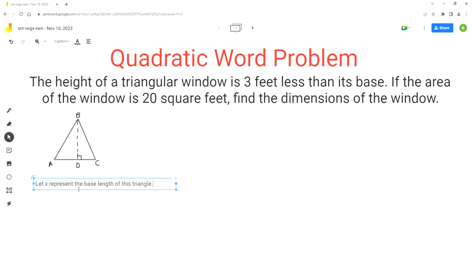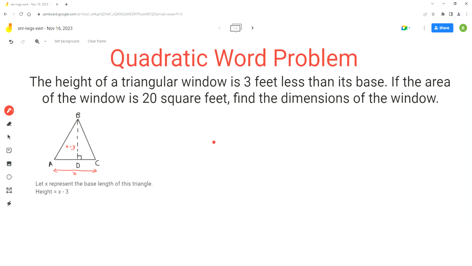If the base length is x, then the height in terms of x will be x minus 3, because the height of this window is 3 feet less than its base. If I show this in the diagram, this distance from here to here is x, and the height is x minus 3.